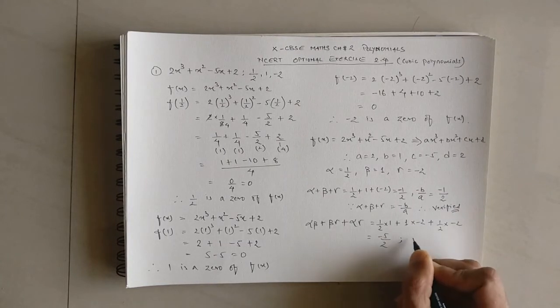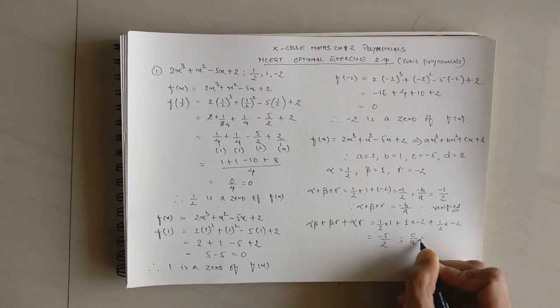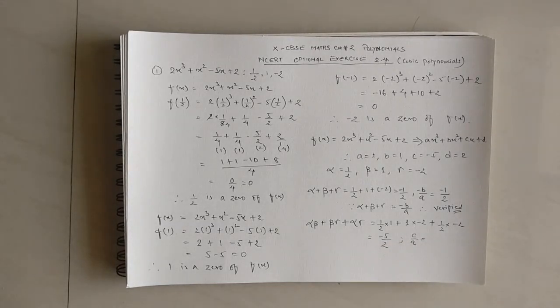And what should it be equal to? It should be equal to c by a. Remember that in the first video I had given you a note in the beginning on the relationship between zeros and coefficients.